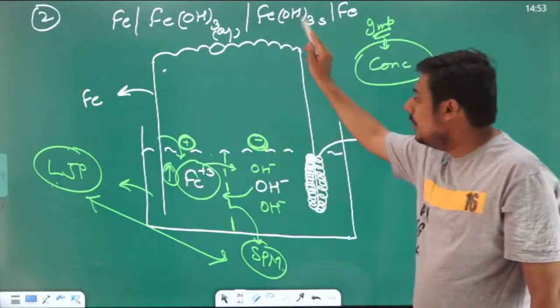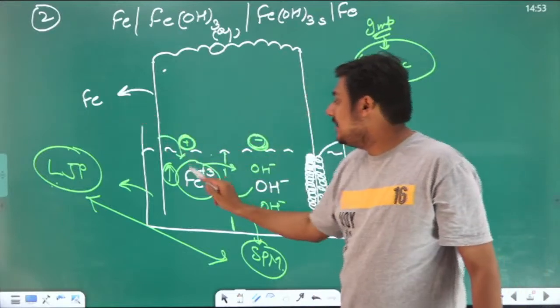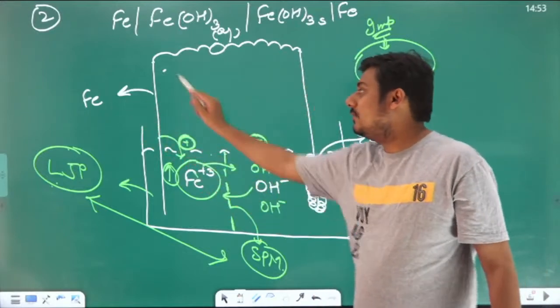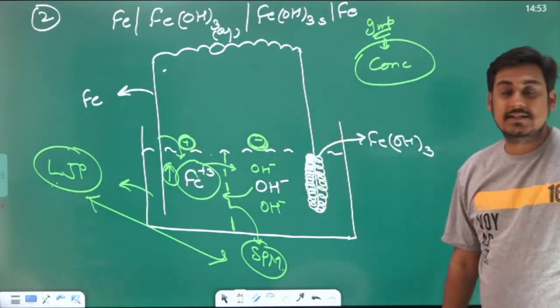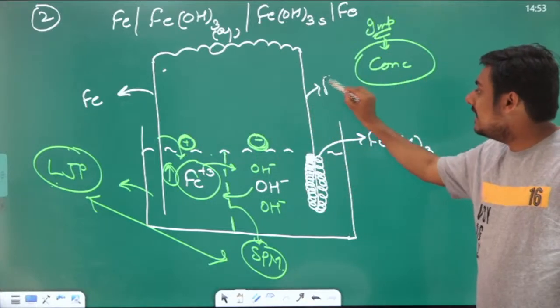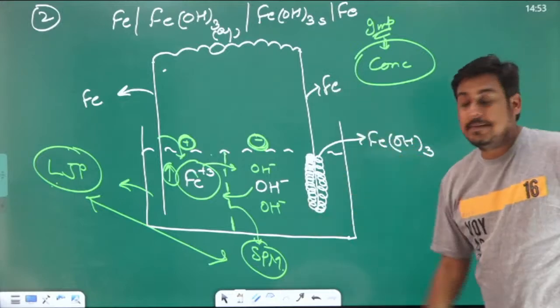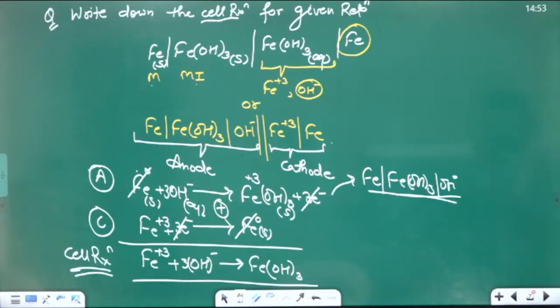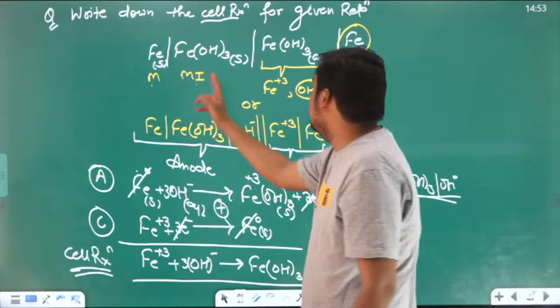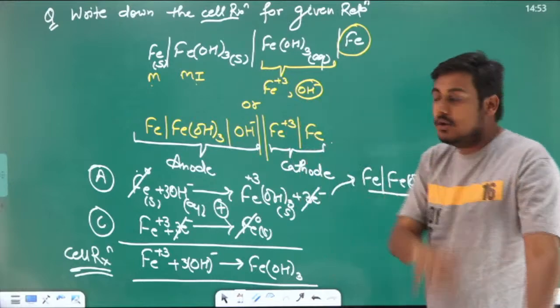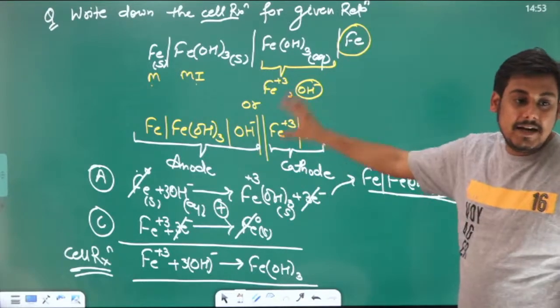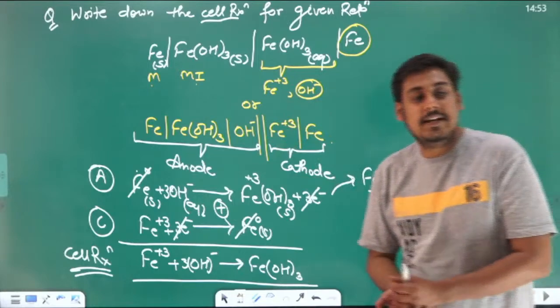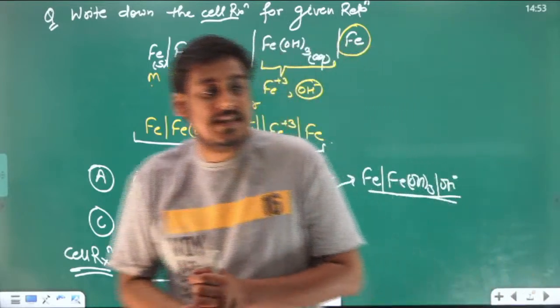There we said that the Fe3 positive metal ion system was the anode, and the cathode was the metal insoluble salt anion system. Here it is reversed. Here we are saying that the metal insoluble salt anion system is our anode, and the cathode has the metal ion system. I hope it is clear to you now.